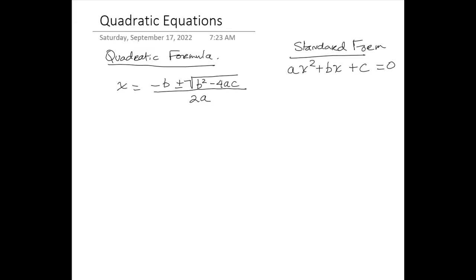So you have to have that standard form, especially when we were factoring, you had to have it in that format as well. All you're doing here is, when you have it in standard form, you're using the coefficients a, b, and c. Any value in front of the variable is called a coefficient.